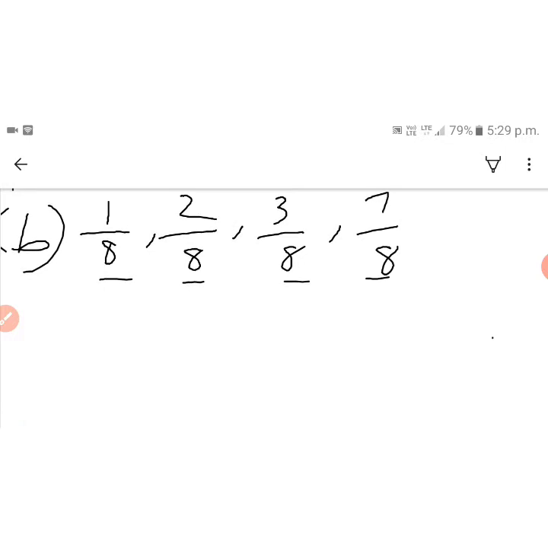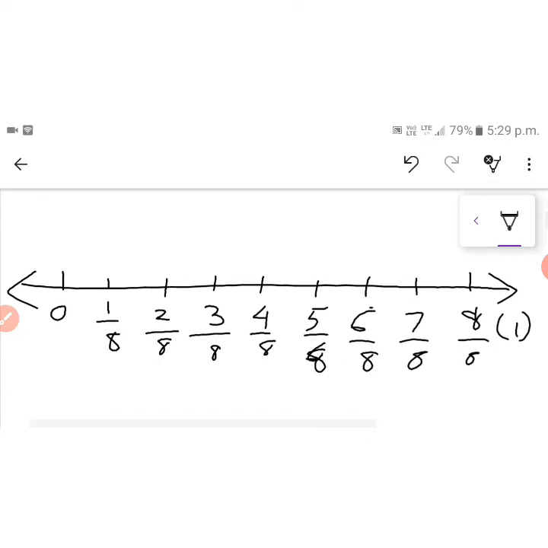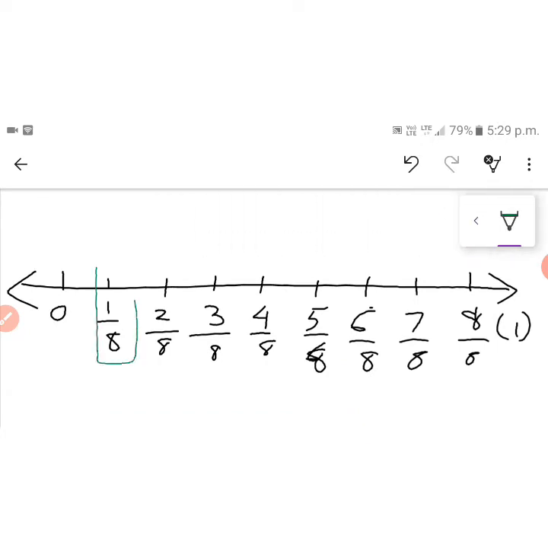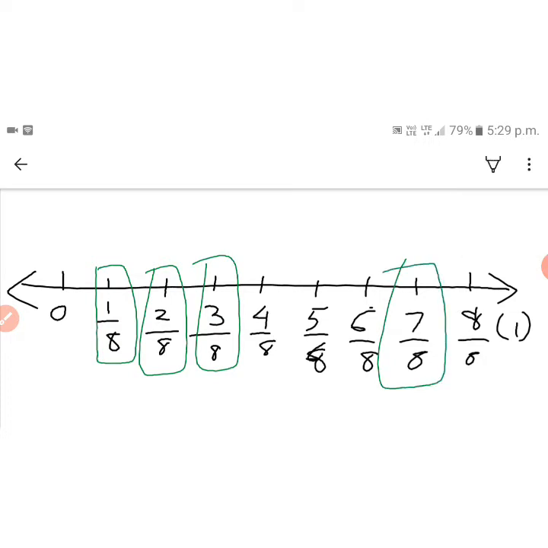So we have to mark 1 by 8, 2 by 8, 3 by 8 and 7 by 8. So this is 1 by 8, this is 2 by 8, this is 3 by 8, and this is 7 by 8.